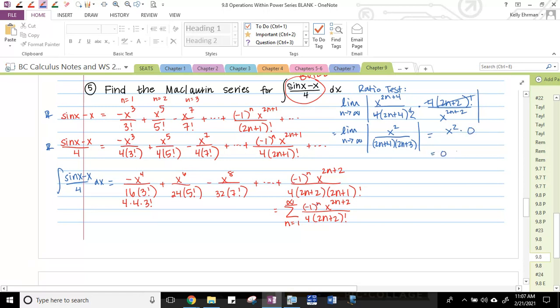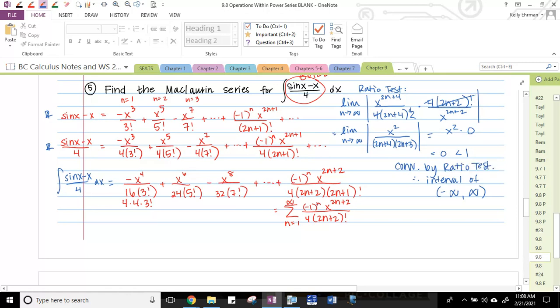So I'm getting 0, which is always less than 1. So no matter what I plug in for x, even if it's 500 billion squared, times 0 is going to be 0. So this still has an interval of negative infinity to infinity, because this converges by the ratio test.